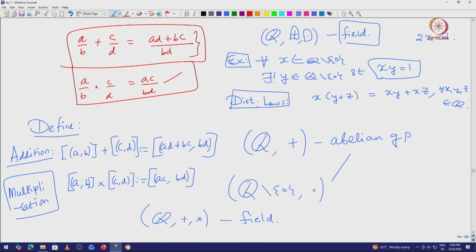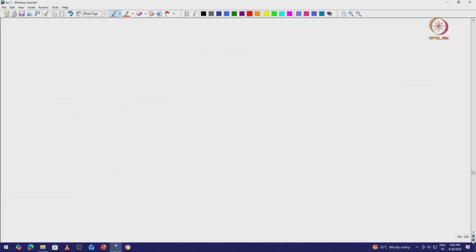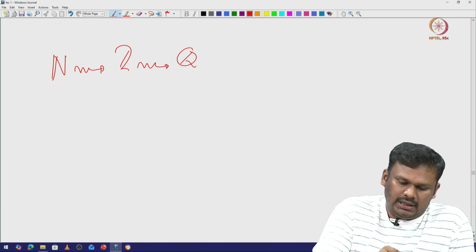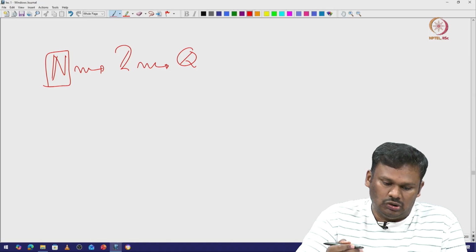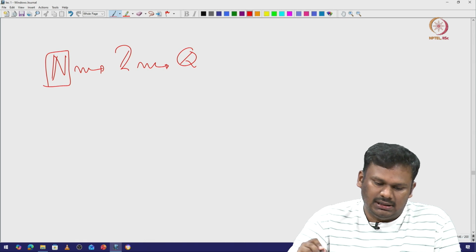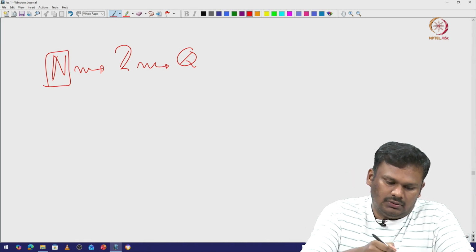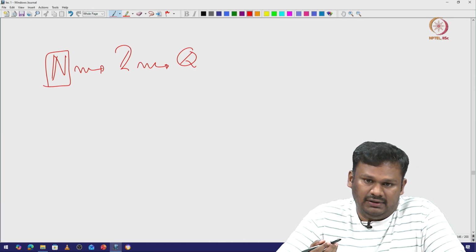So, this is how one actually gets the rational numbers. The upshot is, we started with the natural numbers, from that we wanted to construct integers, and then we wanted to construct rational numbers. Natural numbers are related to counting, but integers demand that sometimes we will have an equation like x plus n equal to 0, and we want to solve that equation.